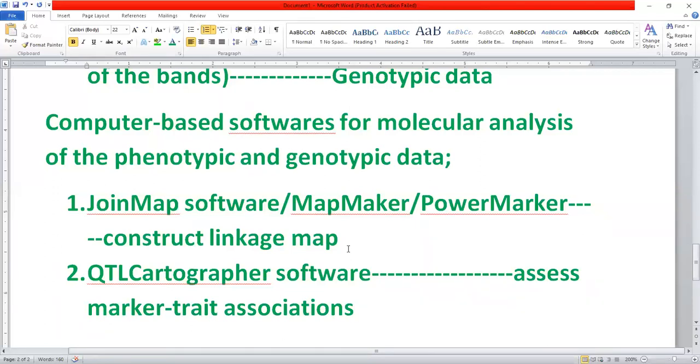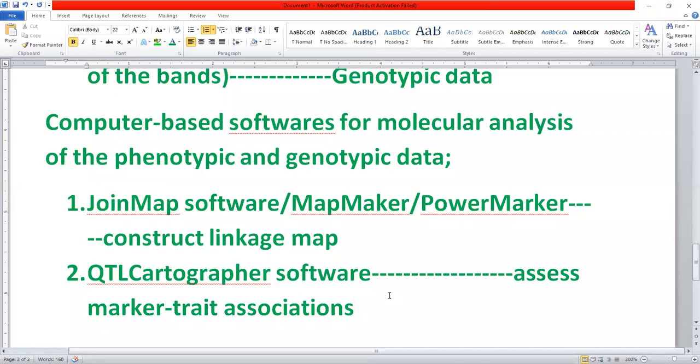The QTL Cartographer analysis will tell us which marker is associated with the plant height. It means that which marker is closer to the gene responsible for plant height in wheat. So in this way, we can go closer to the genes which are involved in the expression of plant height in wheat.